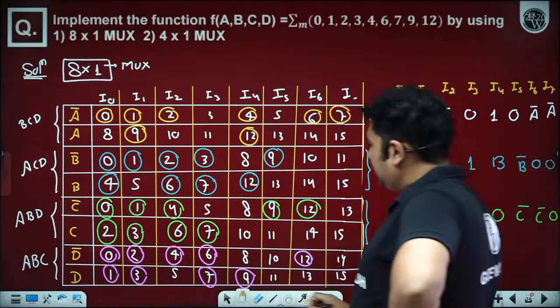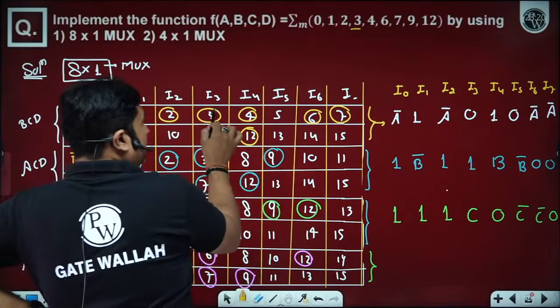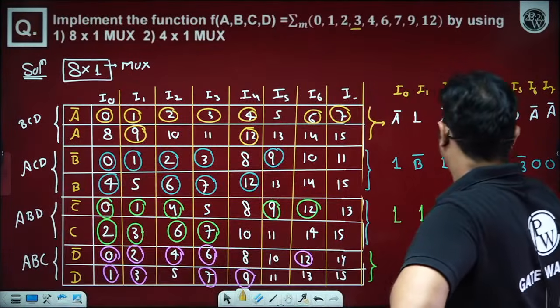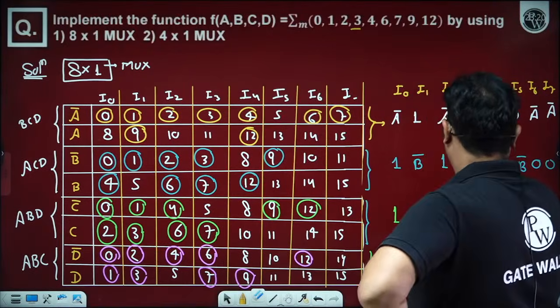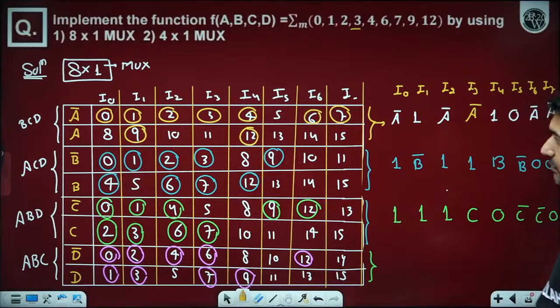Okay, I have missed 3 here, na? 0, 1, 2, 3 is also there. So on to the I3 pin, we are getting A bar. 6, 7, 9, 12.